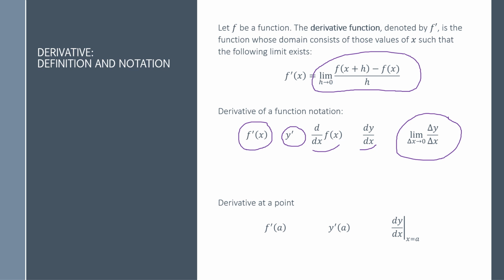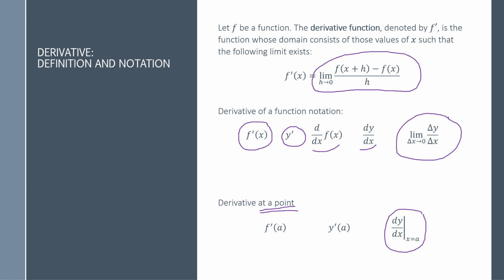Okay, what about the derivative at a point? That would be f prime of a, where a would be a number, a value that x takes in the domain of its function, or y prime of a, or another way would be something like this, dy dx, and then a vertical line, x is equal to a.